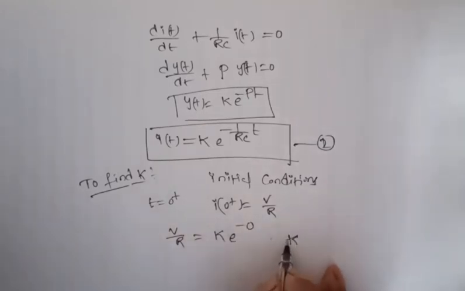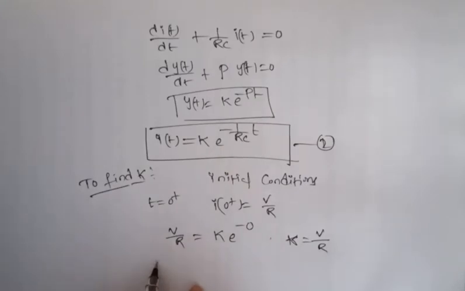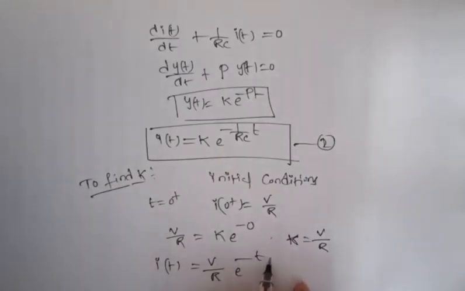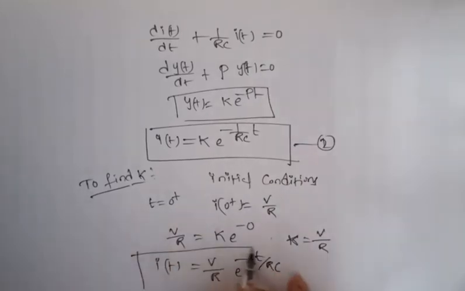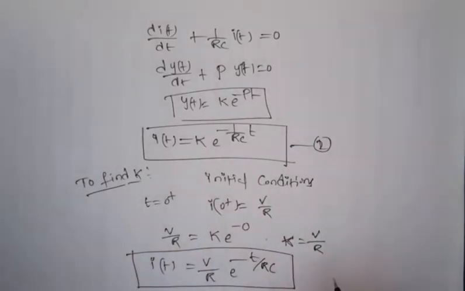Now based on this, we will get k equal to V by R. If you substitute this in equation 2, ultimately you will get i(t) equal to V by R into e power minus t by RC. So this is the current response or transient response of the series RC circuit.